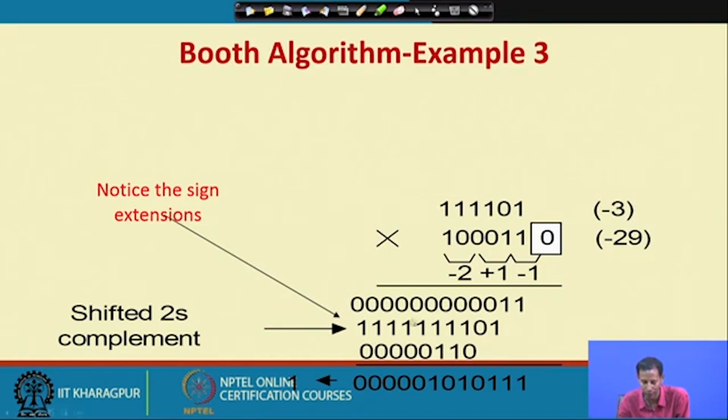As I am putting these extra bits, I am increasing the complexity of the circuit. Okay. So, is there any way out to reduce that? Can I reduce that? Okay.